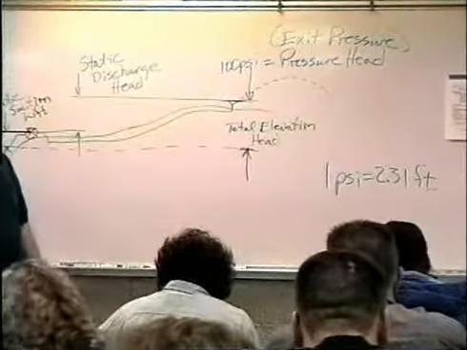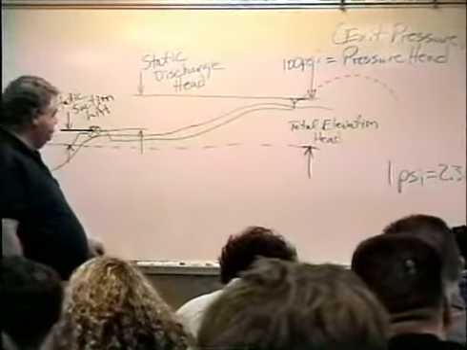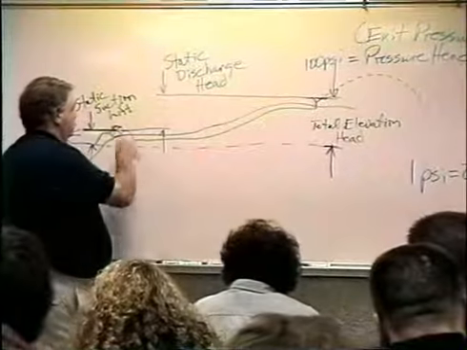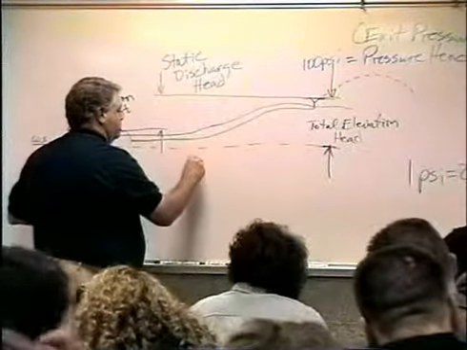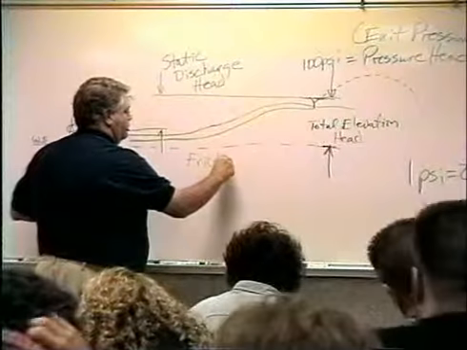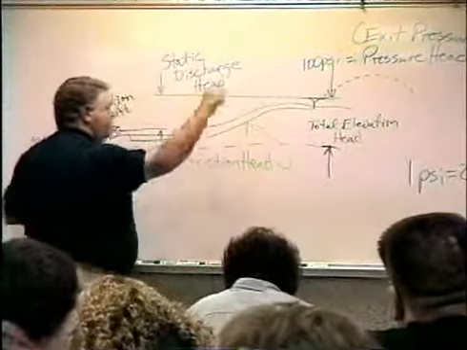Now we got another little problem. We got to push that water up through this pipe, and so it costs us what? Friction. So we have friction head just driving it up the pipe.